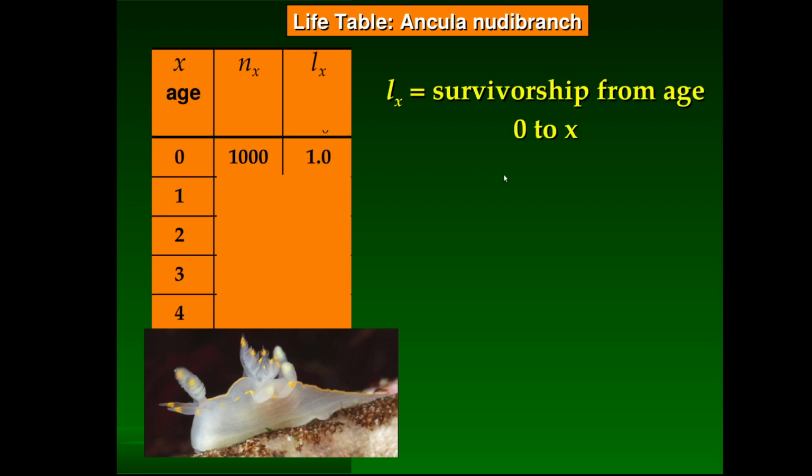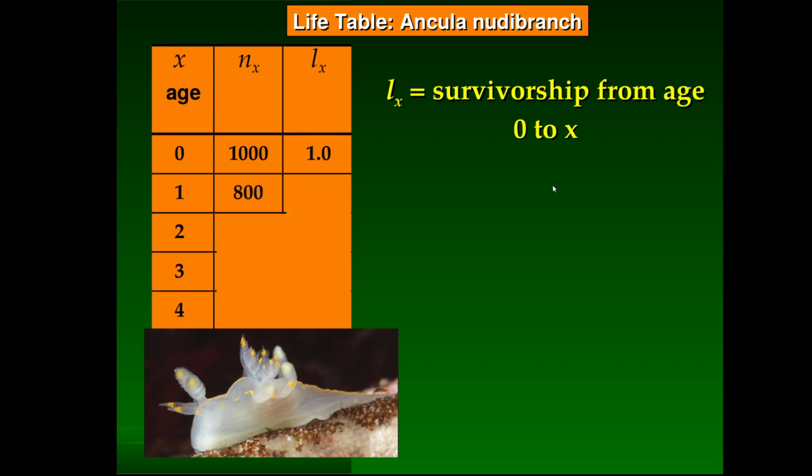And let's say that at age 1 month, only 800 nudibranchs are left. 200 obviously have died. So what does that give us in our survivorship column? Our survivorship is simply 800 out of 1,000 individuals, or 0.8. And let's say that at age 2 months, only 500 remain.